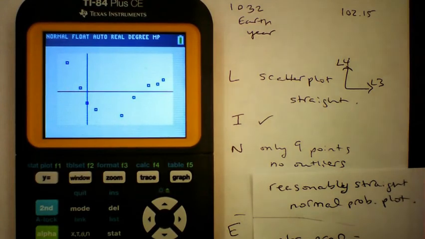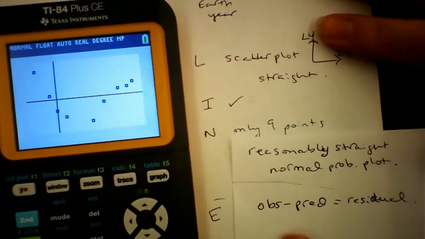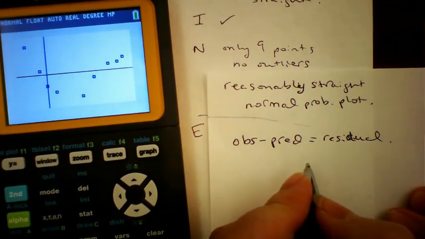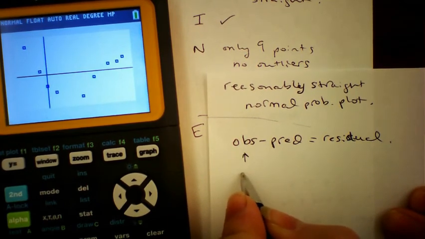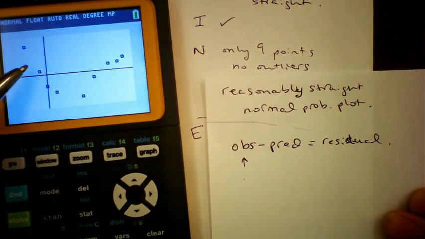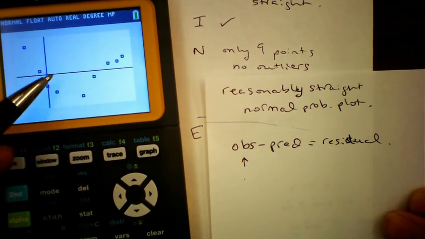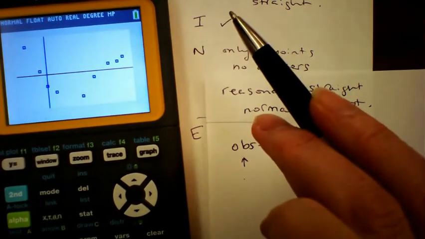If it's coming out positive, that means the observed is higher than the prediction. So on this side, your model is under predicting. Down here, it's over predicting. And then over here, you're under predicting again, with a point that's way out here.